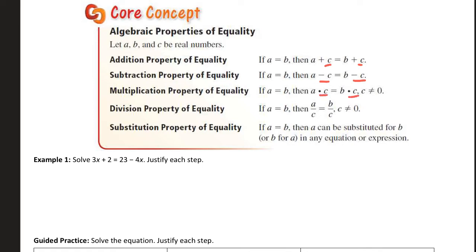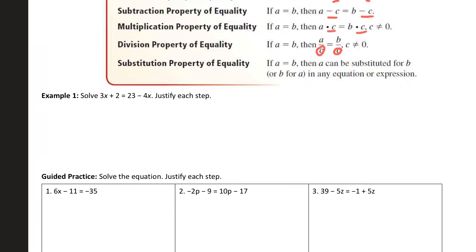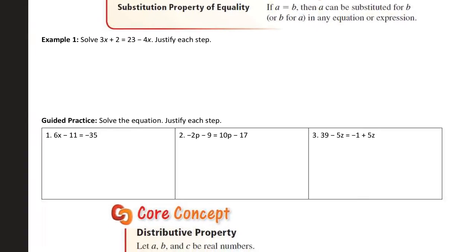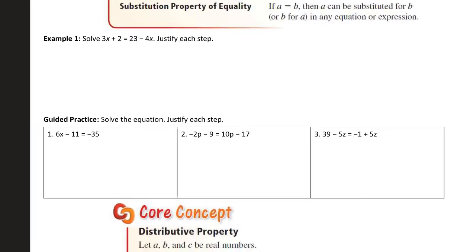Multiplying by the same number does not change the equality, as long as that number is not 0. And then the division property: dividing both sides by the same number does not change the equality unless that number is 0. And then the substitution property says, if A equals B, then I can replace B with A, or A with B, in any equation or expression.